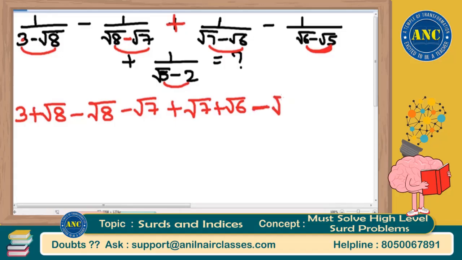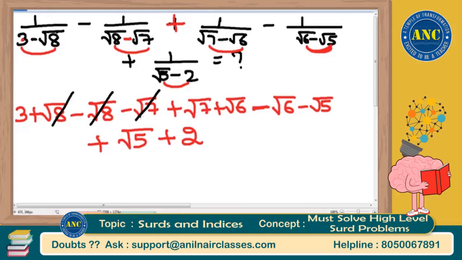With a negative sign it becomes minus root 6 minus root 5, and the last term is plus root 5 plus root 4, or root 5 plus 2. Everything is cancelled, right, sir? Minus root 8 plus root 8, minus root 7 plus root 7, this will cancel. This also will cancel. You are left with 3 plus 2, which is 5. Answer is 5.